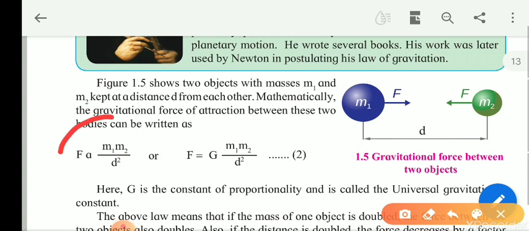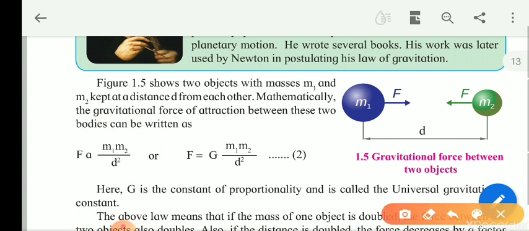can be explained by this formula, which states that the force by which two objects attract each other is directly proportional to the product of their masses, that is m1 into m2, and inversely proportional to the square of their distance.